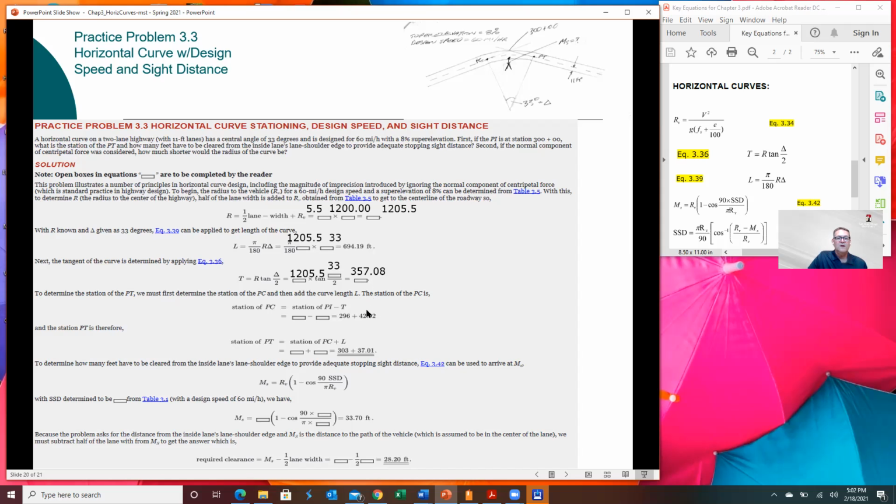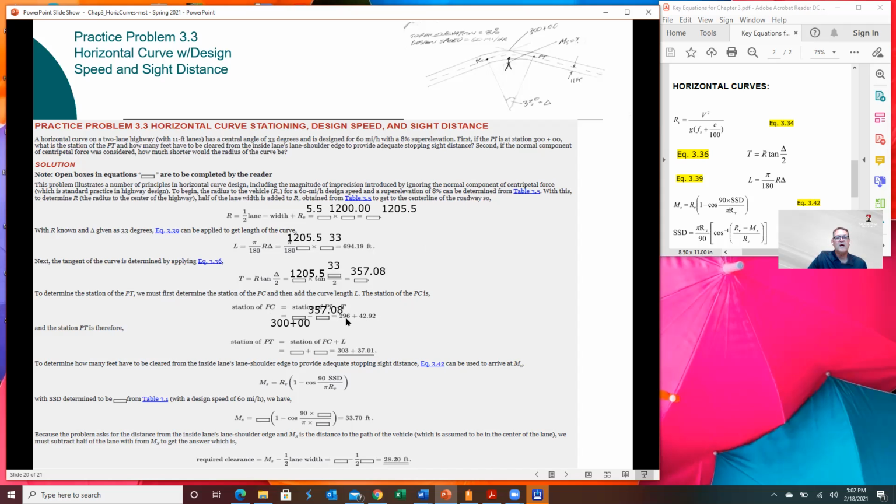So you've got L, which is 694.19, and you've got T, which is 357.08. So now it's just like the earlier problem we worked. Now that you know the length and you know the tangent, you start with the station of the PI, which was given, which was 300 here, and then you subtract from it the tangent length, and that'll give you the station of the PC here.